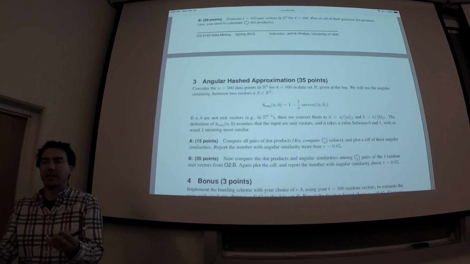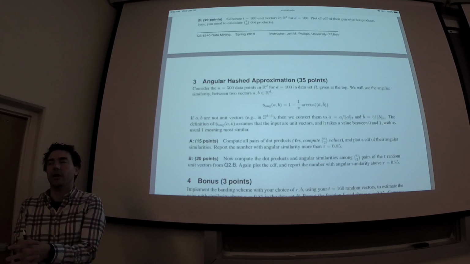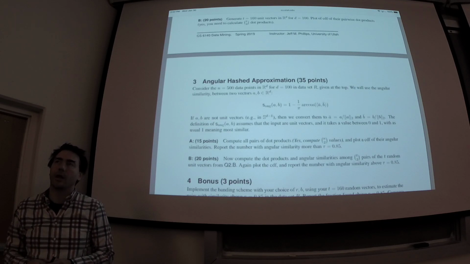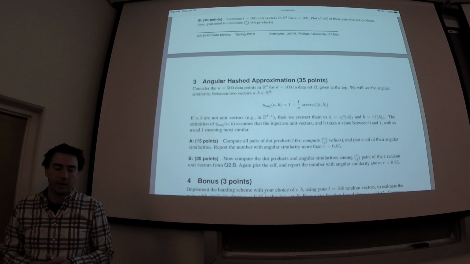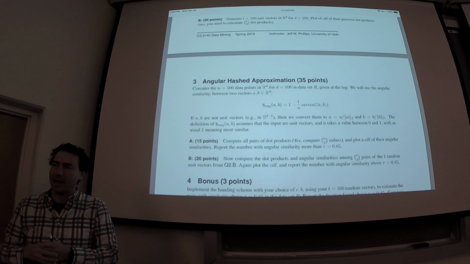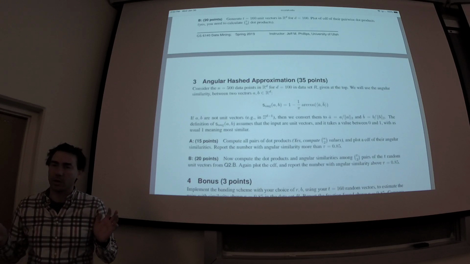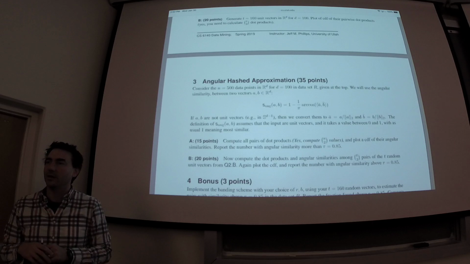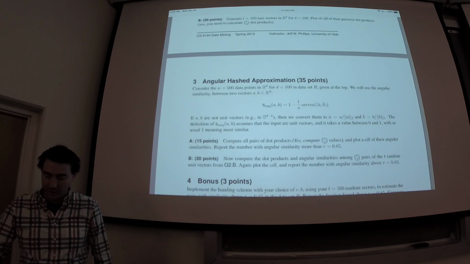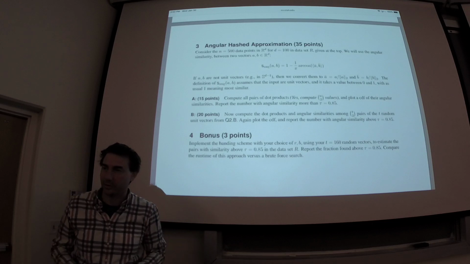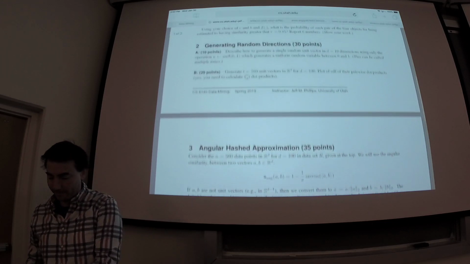And then you don't actually have to implement all the stuff with bands and see if this actually works. You need to get to pretty large sizes to see this working effectively. But if you want to go ahead and do it, you can do it as part of the bonus.